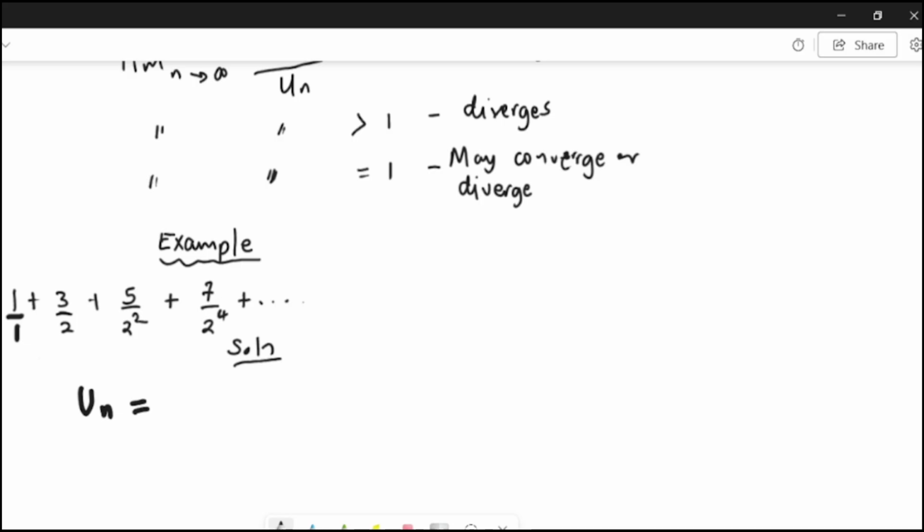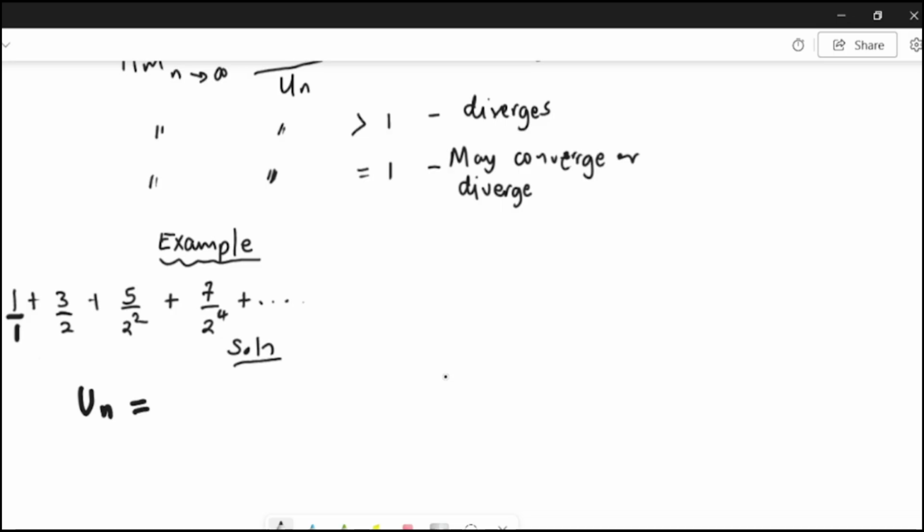Our next value is 2 power 2, meaning we have 2 power n minus 1, so that if n is 0, we have negative 1, if n is 1, you have 0, if n is 2, you have 1, if n is 3, you have 2.